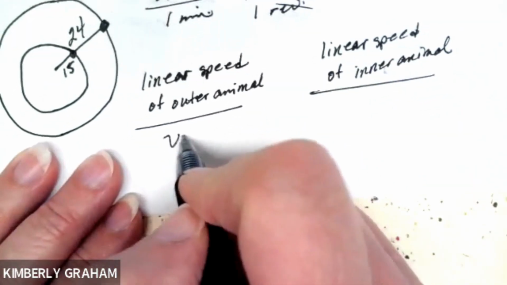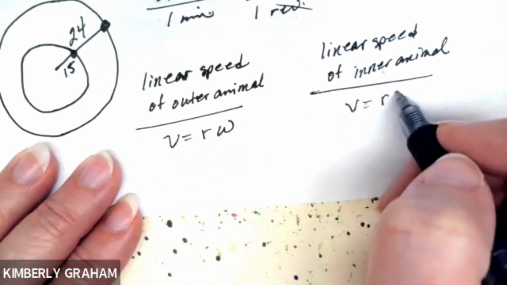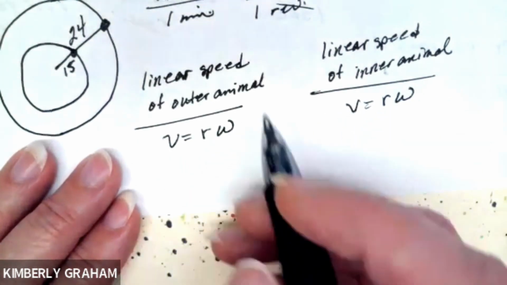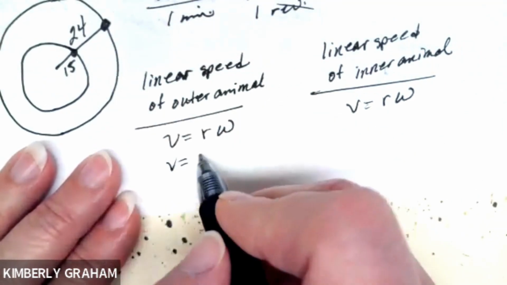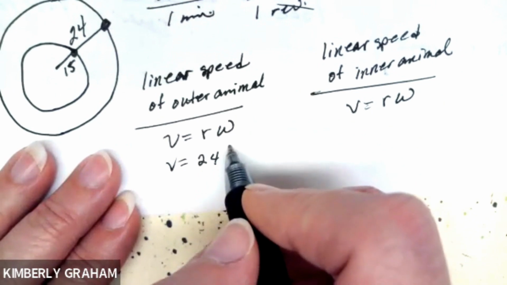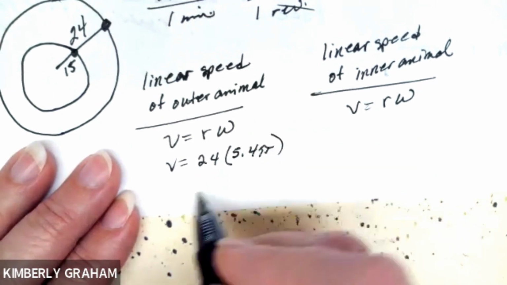So again, here's my formula. Velocity is radius times omega. So the velocity of this outer animal is going to be 24 times 5.4 pi.